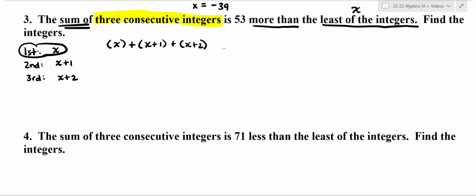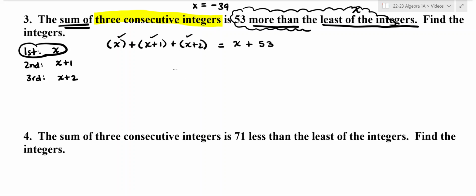And we want this sum to be equal to 53 more than x. And so now we're just ready to solve. We've done this before. So this is going to give us 3x plus 3 equals x plus 53.